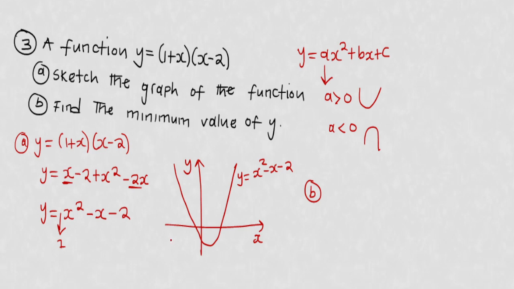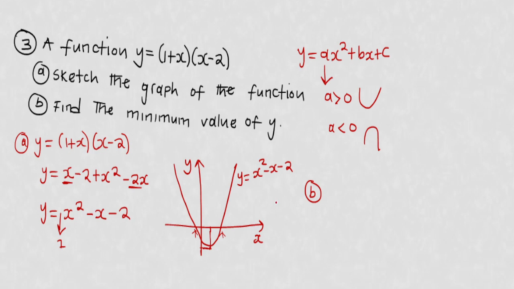How can we find the minimum value of y? Here we're going to use the formula because I don't have the values for the x axis. I know the minimum value of y is somewhere there, and that is where x is found.